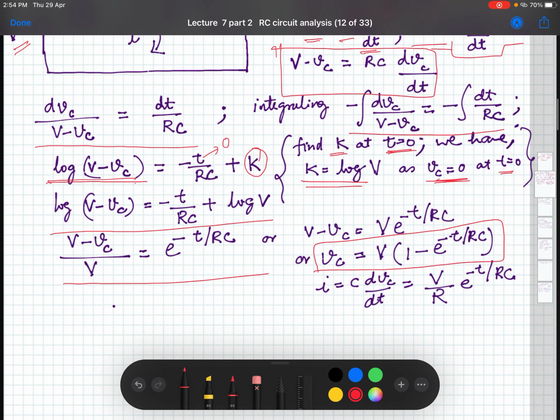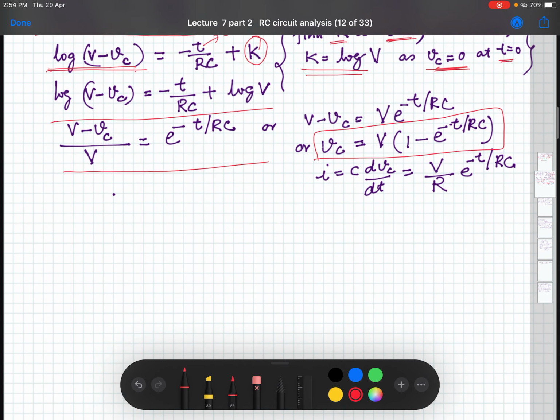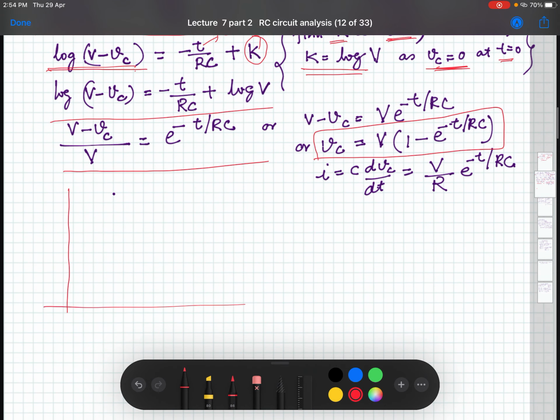So Vc, okay, if you draw this Vc, when t is equal to 0, put t equal to 0, at that point the voltage Vc would be equal to 0, and at t equal to a very high value, or say infinite value, it is equal to V, so it will reach up to this point, not beyond this, and in between it is rising exponentially up to that value.